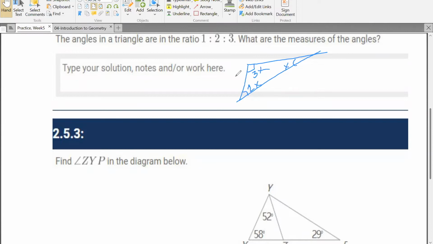Now, what this implies is that if you add all of the angles together, you don't have the number for the angles, that's fine. Whatever that is, you just put it in. So x plus 2x plus 3x, right? So all angles of a triangle, x, 2x, and 3x, they would add up to 180.